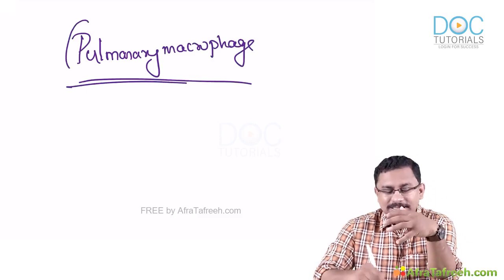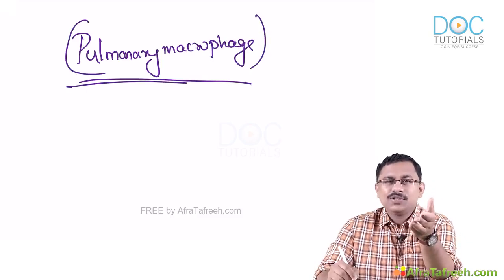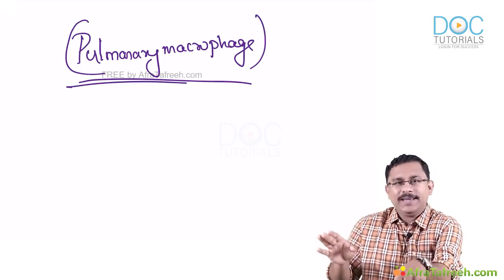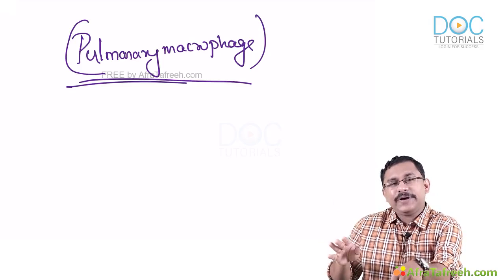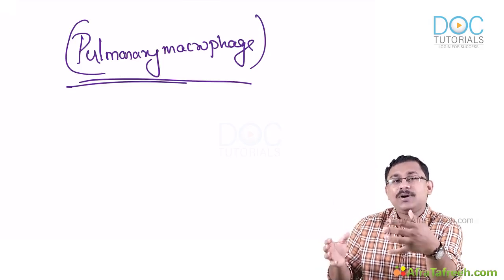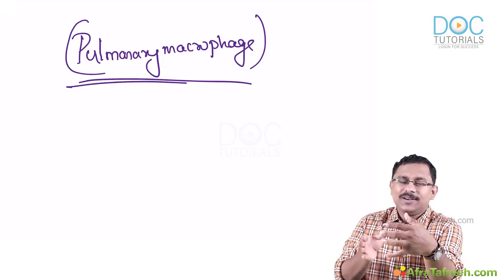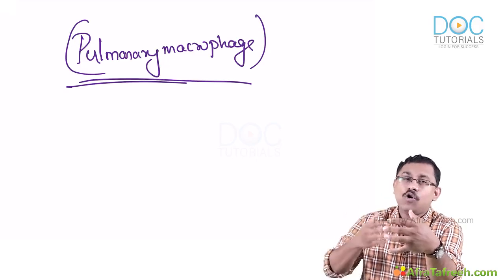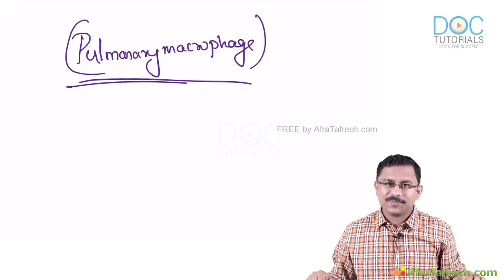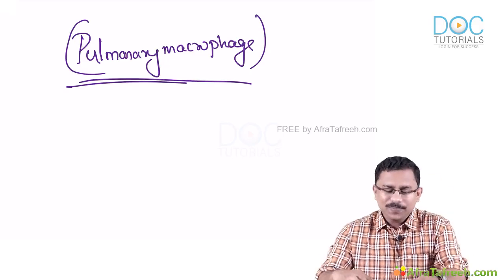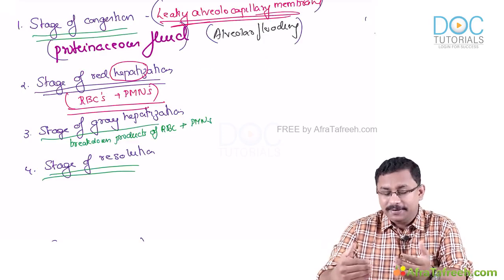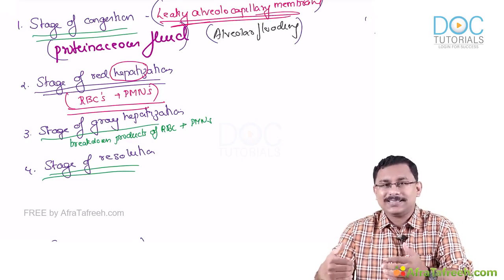So if the defense is compromised, either because you have an immune compromised state, or because you were perfectly fine but the extent of infection is so severe that your macrophage is not able to contain it, or you can say the macrophages are overloaded, in that scenario also you might develop an infection. So if the alveolar macrophages are able to contain the infection, it will go to resolution.